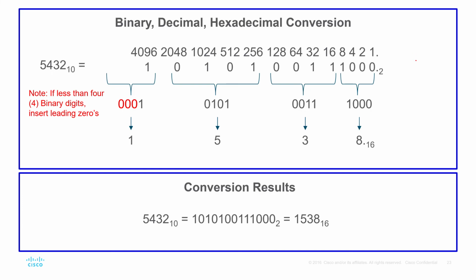As was discussed on the previous pages, but in a little bit more laid out fashion, here I took my 5432 and I converted it into binary. 4096 plus 1024 plus 256 plus 32, 16, and 8 adds up to 5432.